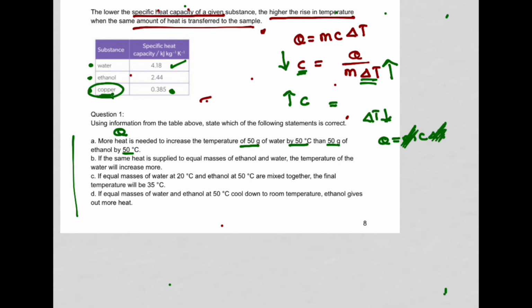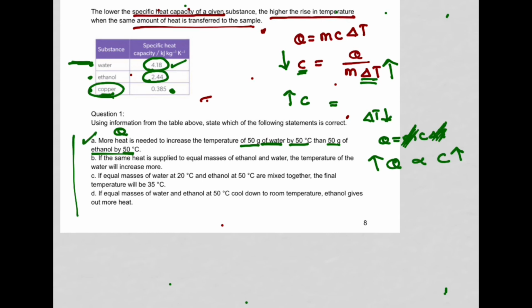So we're looking at the relationship between Q and C. Q is directly proportional to C. So if specific heat capacity is higher, heat required is going to be higher. The specific heat capacity of water is higher than that of ethanol. So the heat required to increase the temperature of water is higher than that of ethanol. So this is a correct statement.